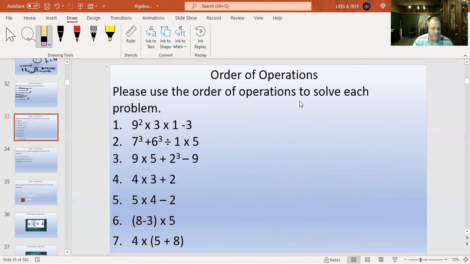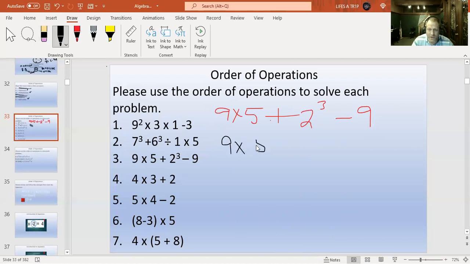All right, our next one. 9 times 5 plus 2 to the 3rd power minus 9. First we're going to do 9 times 5 plus, and we're going to go ahead and take care of our exponent, which is going to be 8 minus 9.